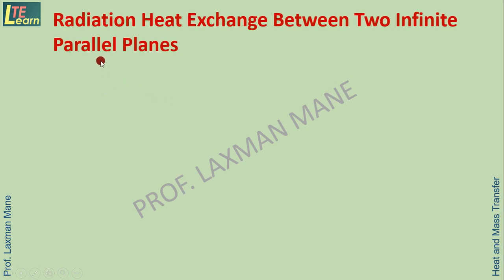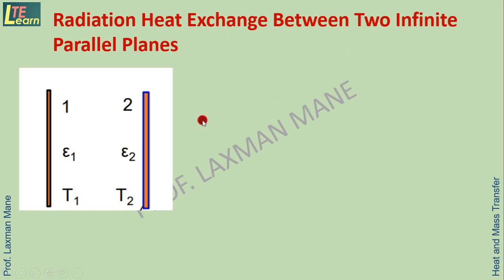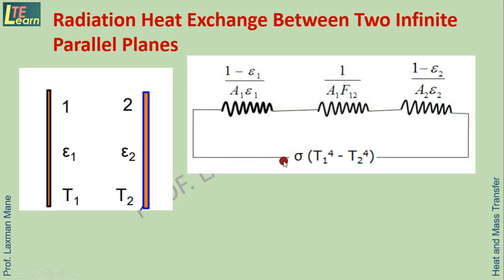So let us consider radiation heat exchange between two infinite parallel planes, that is gray surfaces. This is the electrical approach, that's why this is a diagram. This is the potential difference J1 minus J2, that is sigma into the temperature difference T1 raised to 4 minus T2 raised to 4.